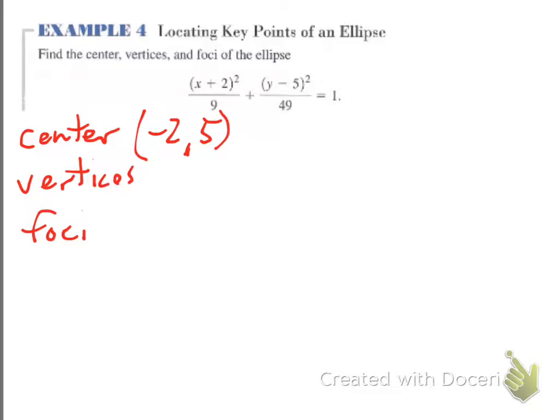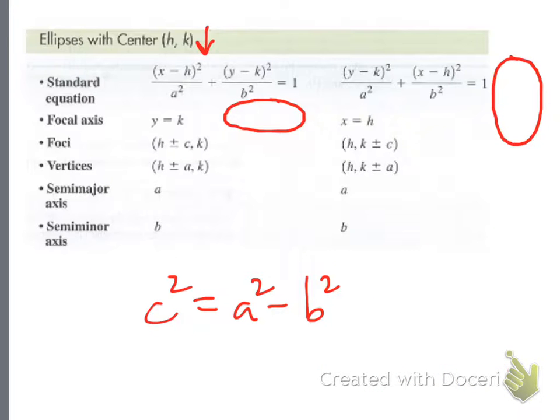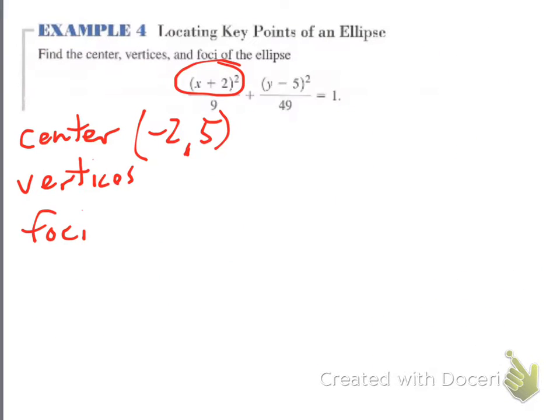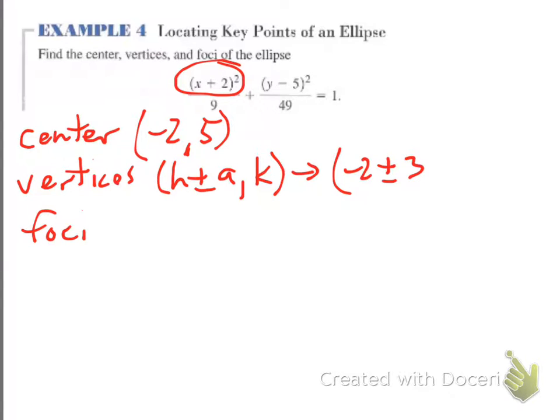Now x squared came first, so we're in this column again. The vertices are h plus or minus a, k. So that's -2 plus, now, a squared is 9, so it's -2 plus or minus 3.